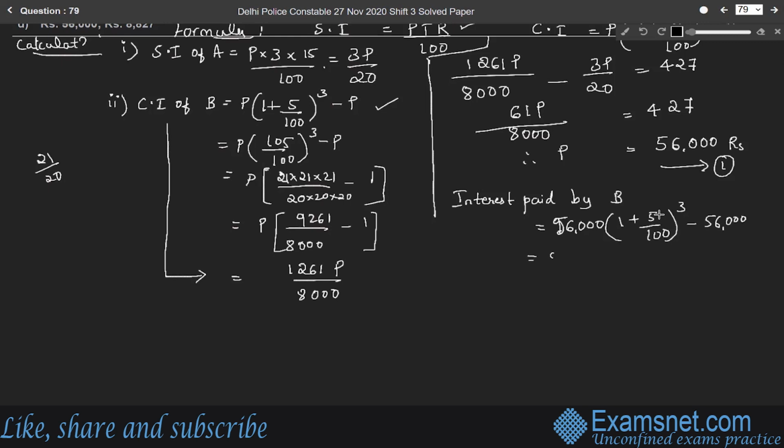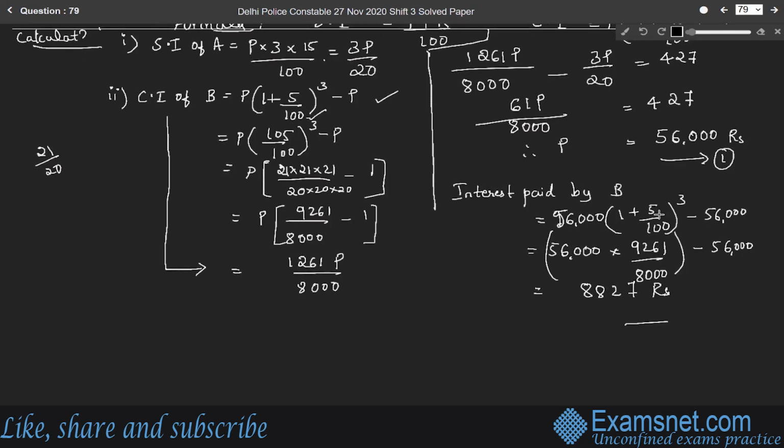So we can go to the next step, that is 56,000. We have the answer already for 1 plus 5 by 100 to the power of 3, which is here in this part, right? So 9261 by 8,000 into 56,000 minus 56,000, which is equal to 8,827 rupees after simplification, right?